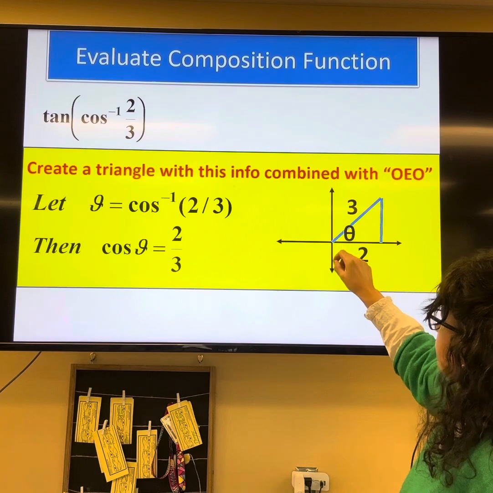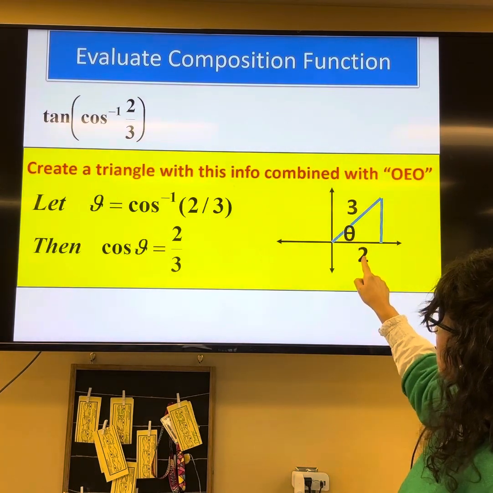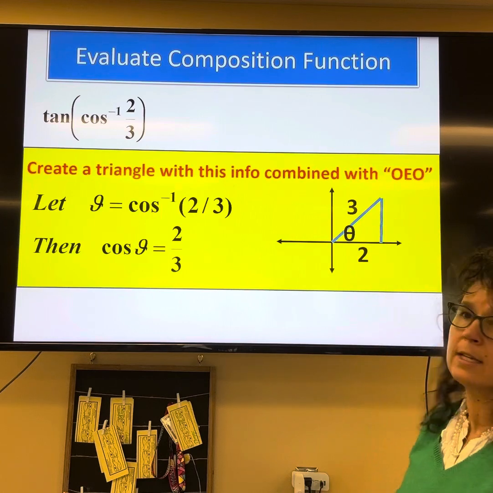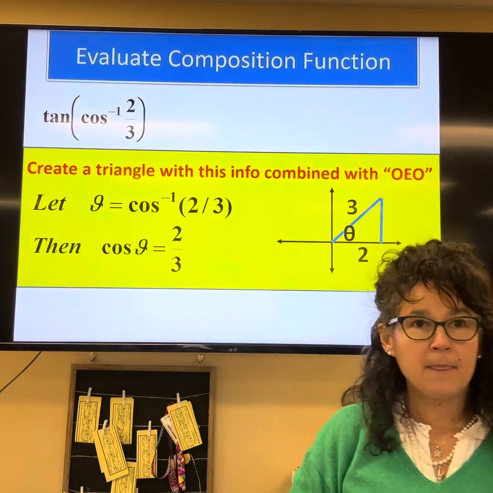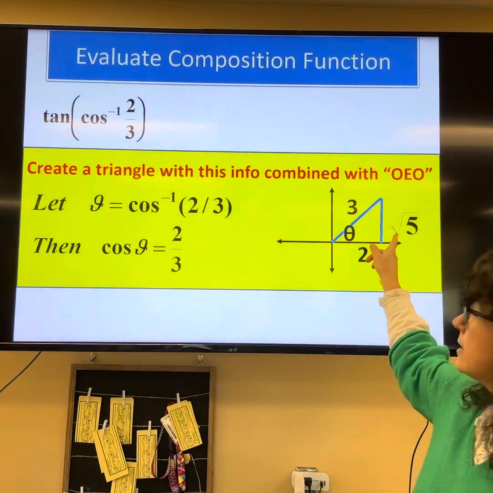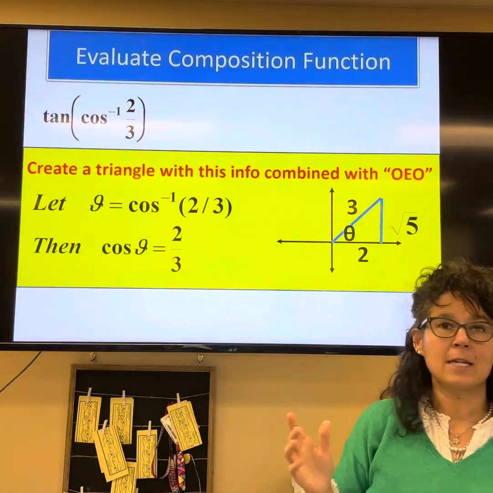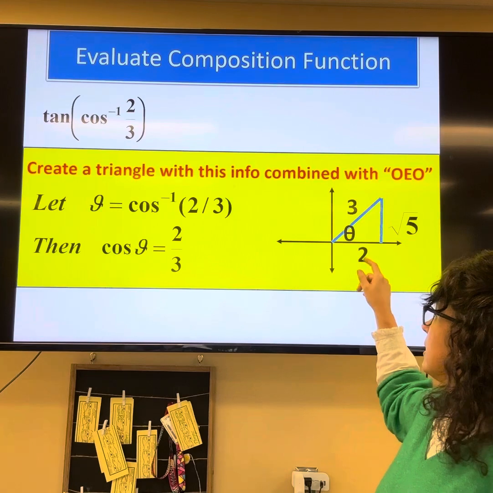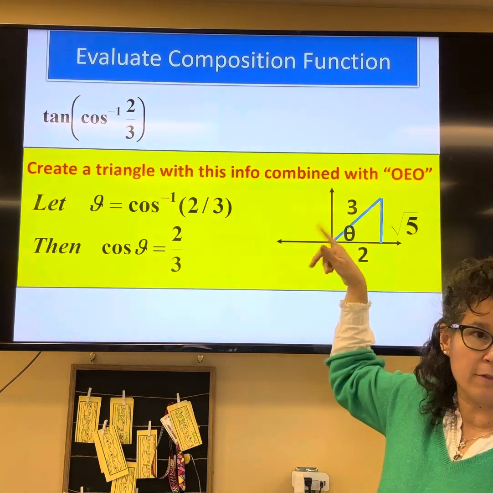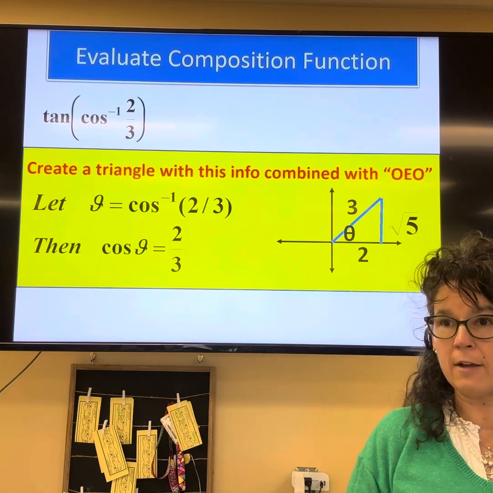So the adjacent side here is 2, the hypotenuse is 3, and we're missing the opposite side. I can use the Pythagorean theorem to find that this is the square root of 5. I'm not going to take a lot of time going through that. 2 squared plus an unknown squared equals 3 squared. Solve that equation, you get the square root of 5.